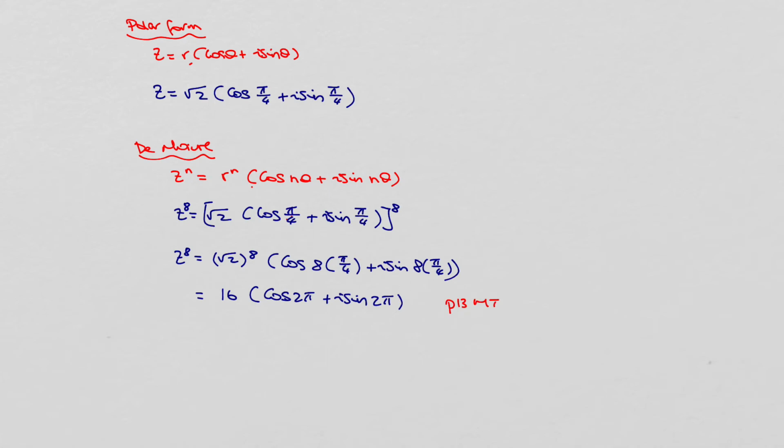So I always like to use my maths tables. Then that simplifies down to give me cos 2 pi, which is 1, and sine 2 pi, which is 0. So therefore, 1 plus i raised to the power of 8 is the same as 16 plus 0i.